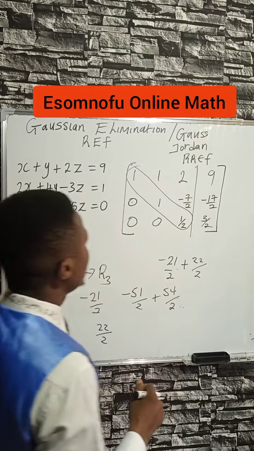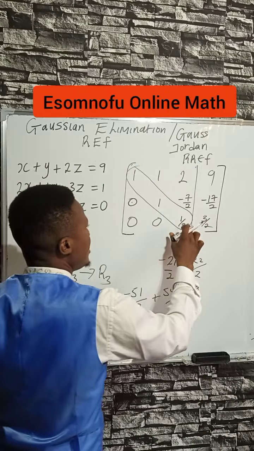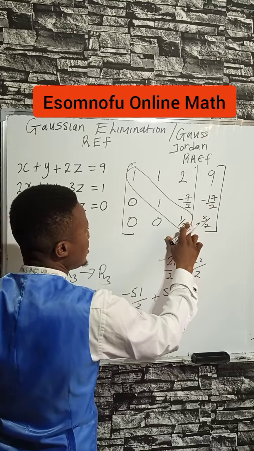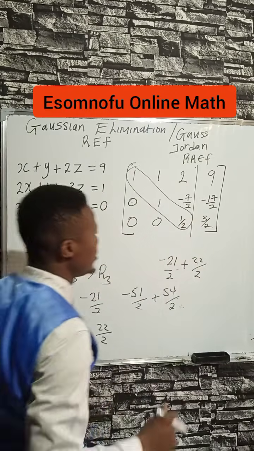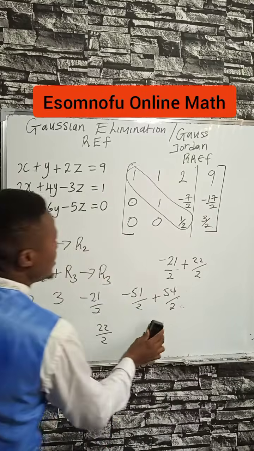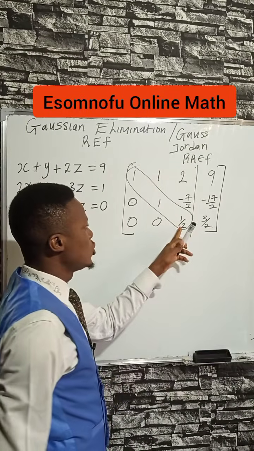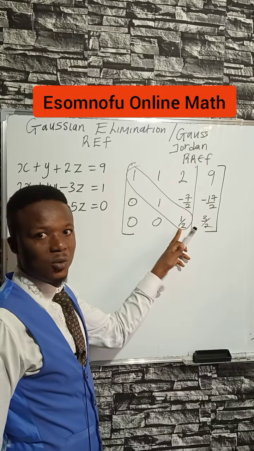Then the next thing we've achieved here to be 0, here is 0, here is 0. What is left is here being 1, because here must be 1 for us to get what we want. So to make that place 1, we have to multiply it by 2, because half times 2 will give us 1.